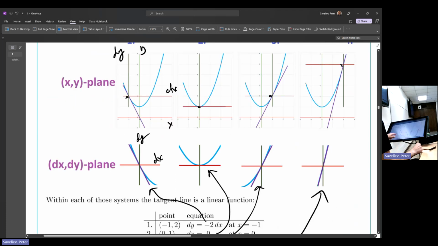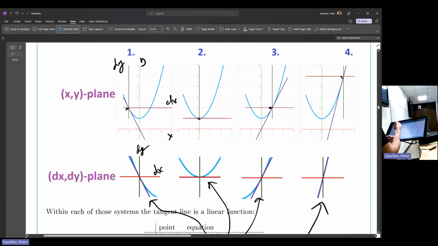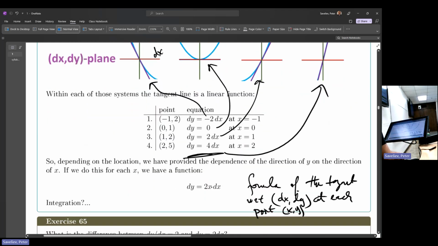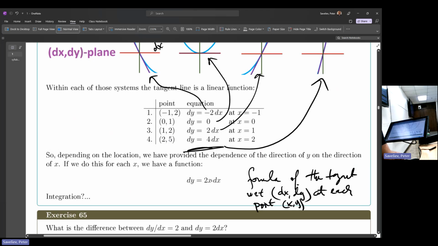As you're moving through the point xy, the slope is different, but every tangent line has an equation, and you have four of them right here. But you don't really need to treat them all separately if you have a formula.